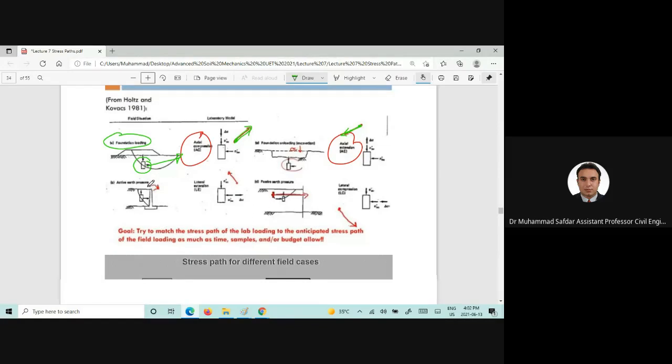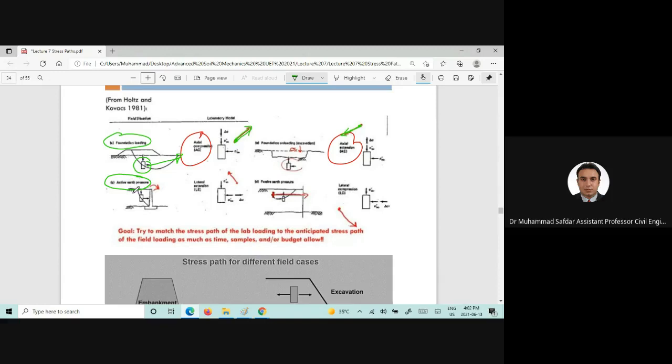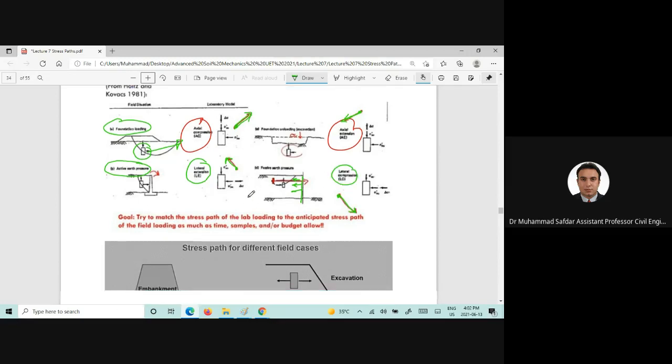Now we are having another scenario where the active earth pressure condition is there. In that case, the stress path will look like the stress path in the lateral extension condition. Now if we are having an anchor there and the retaining wall is pushed into the soil, in that case the stress path will look like this, which is the lateral compression condition.